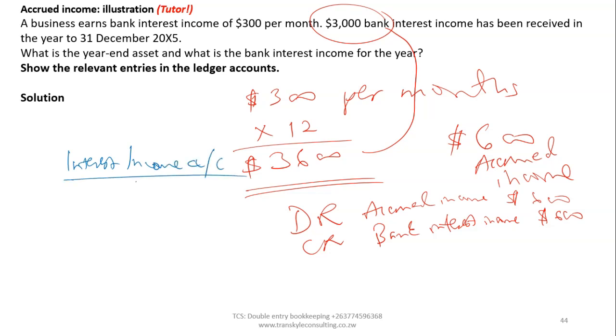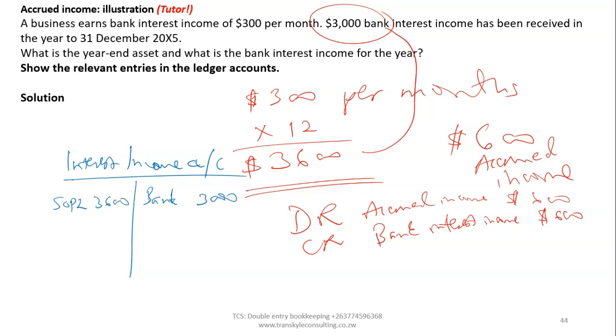Since it is an income account, whatever comes should go to the credit. So that's bank, we received 3,000. But we know that we have earned 3,600, and that is what should go to the statement of profit or loss.